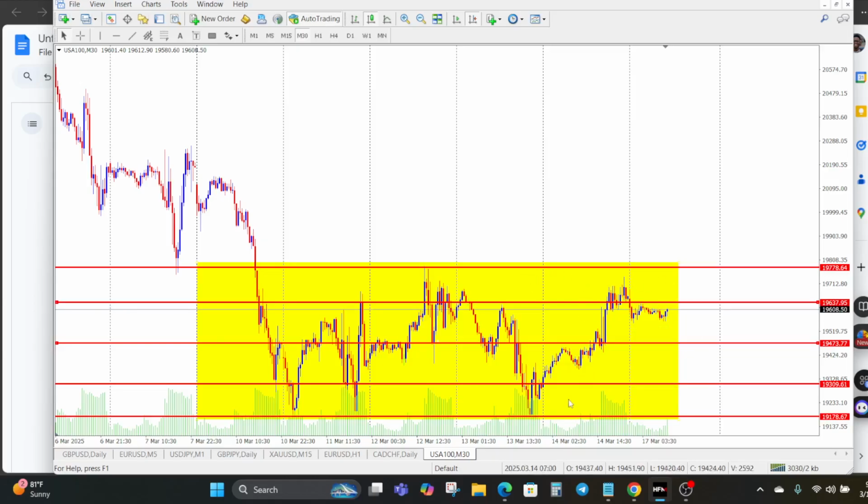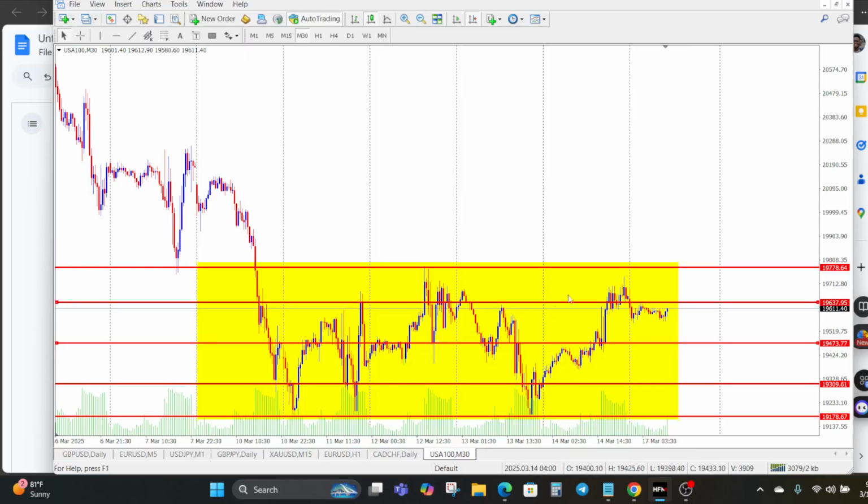Yeah. So you can see how price reacts when it touches the mid range, and the upper and lower quarters, right? You can see the upper and the lower quarters and the mid range.